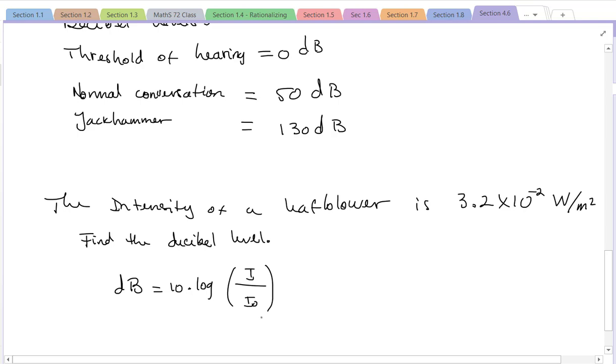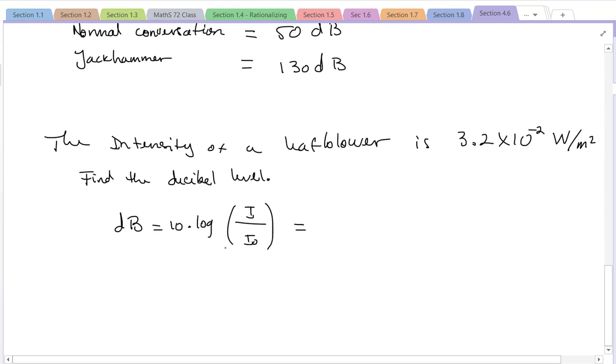So we plug in what we know. So this is going to be 10 times the log base 10 of I, which is 3.2 times 10 to the negative 2, divided by I naught.